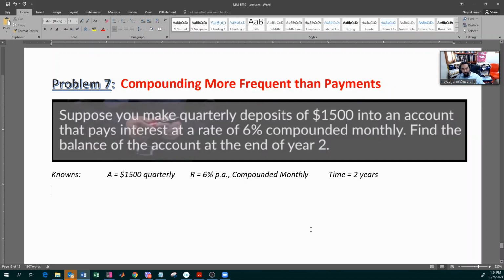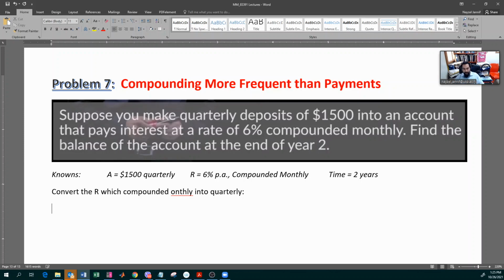Now we have to do some conversions here. In this question, we've got to convert the rate, which is compounded monthly, into quarterly. How do we do that?